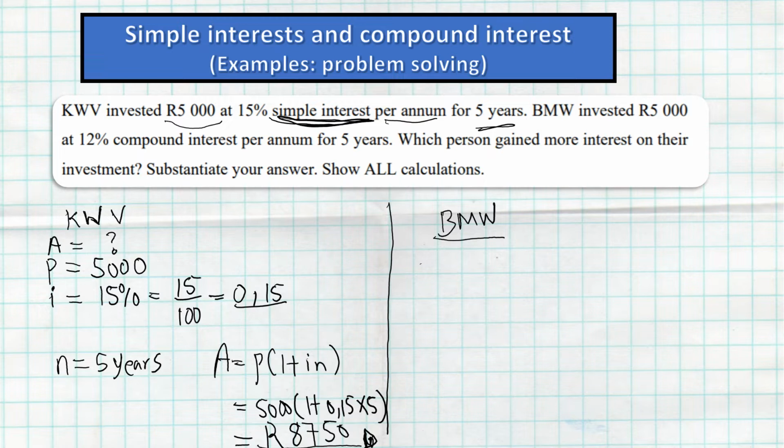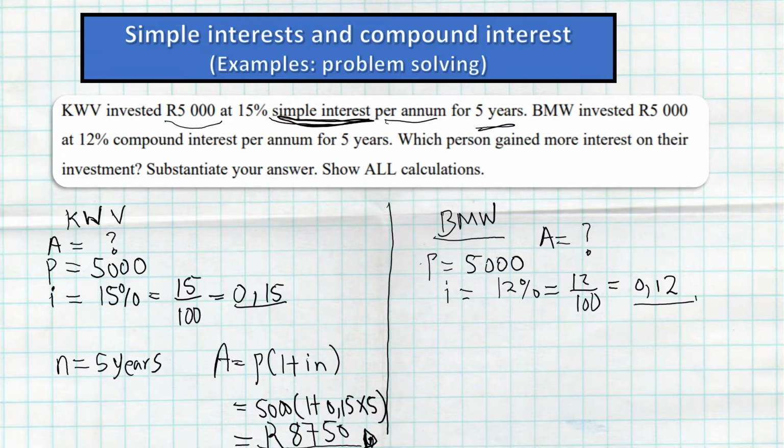For BMW, invested 5,000 also, so his P is 5,000, and we need to know his accumulated amount. His interest here is 12%, which is 12 over 100, which is 0.12. This is compound interest, don't forget, for 5 years, so the number of years is 5.